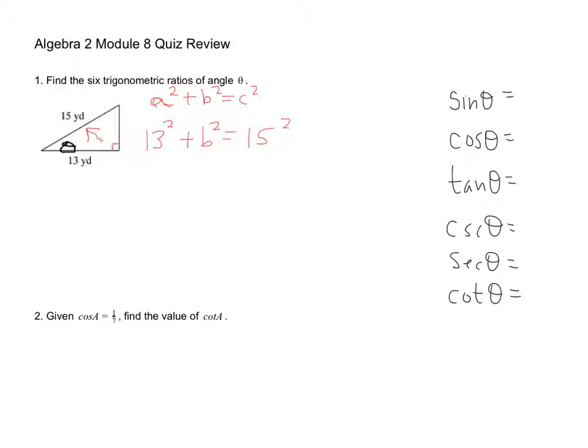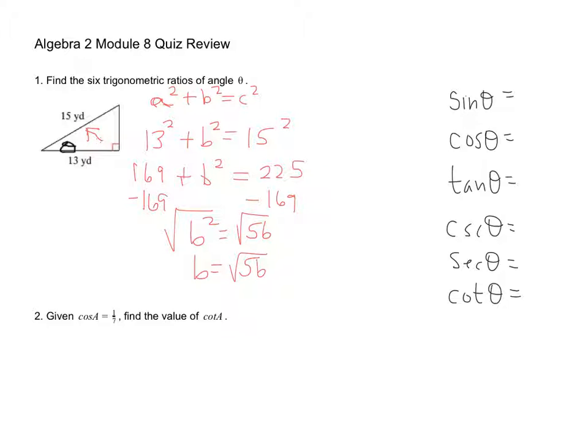So when I square these, 13 squared is 169 plus b squared equals 15 squared, which is 225. I'll subtract the 169 from both sides. So b squared is going to equal 56. Taking the square root, b is going to equal the square root of 56.